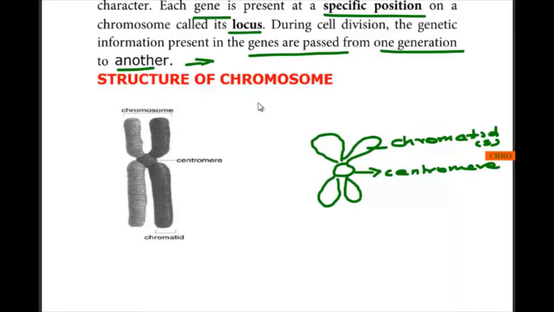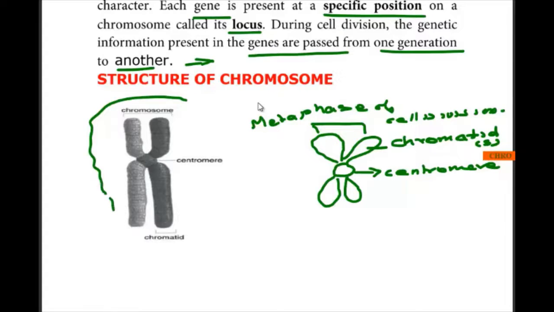So these two are also called chromatids. This is the structure of chromosome. We can see this structure only in the metaphase of cell division. This is the structure you are seeing in your book. It is given like this.